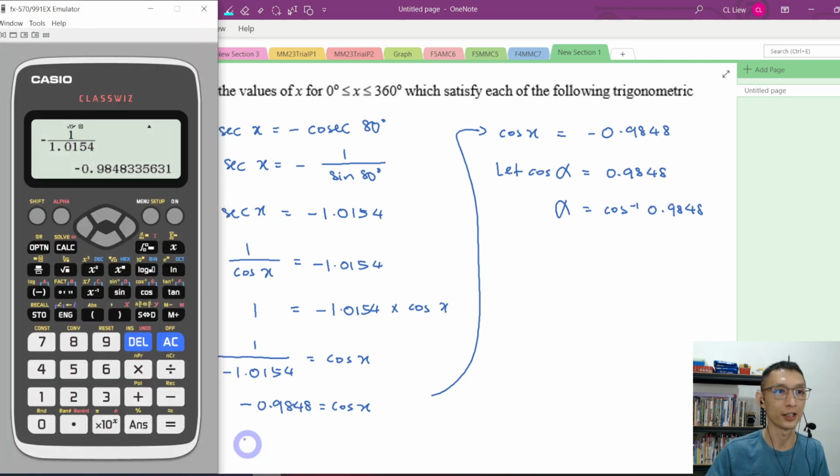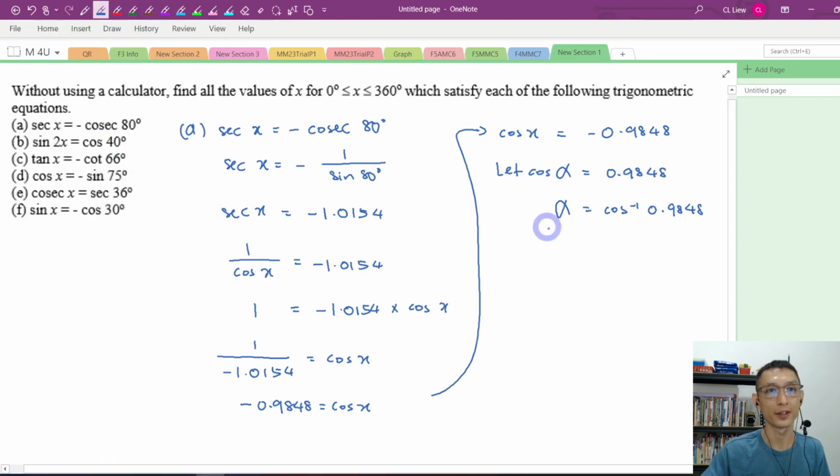Press the calculator: it is equal to 10 degrees. So this is the corresponding reference angle.